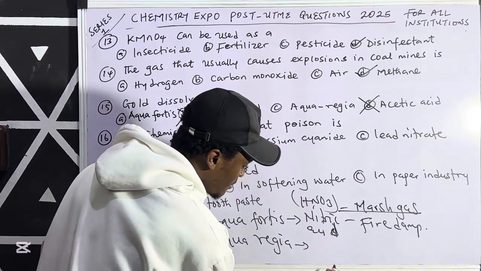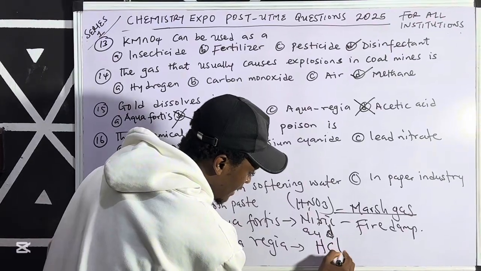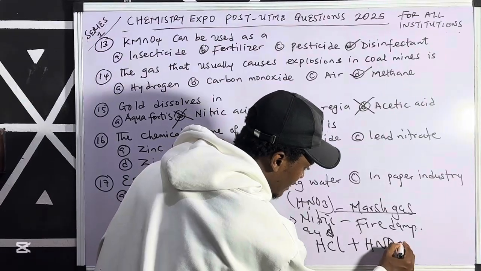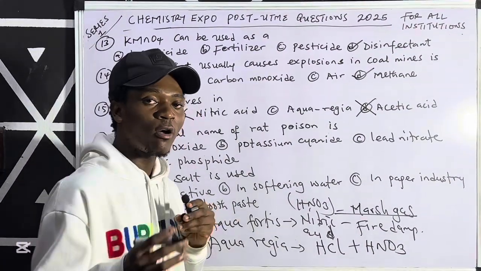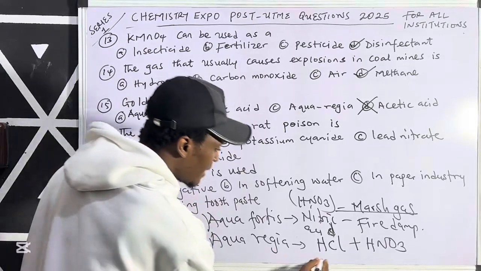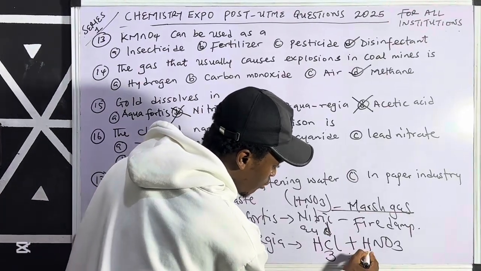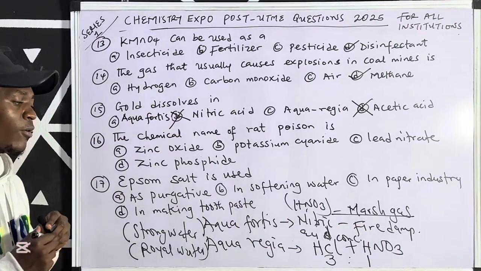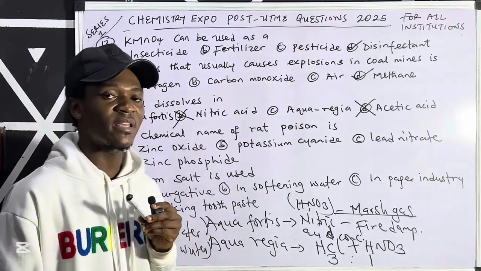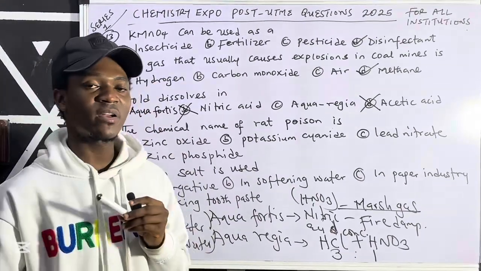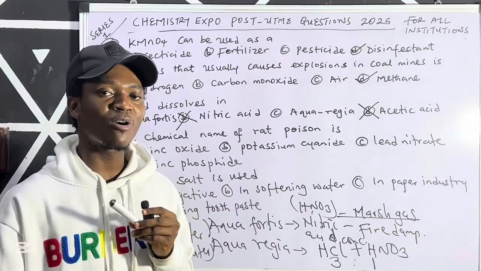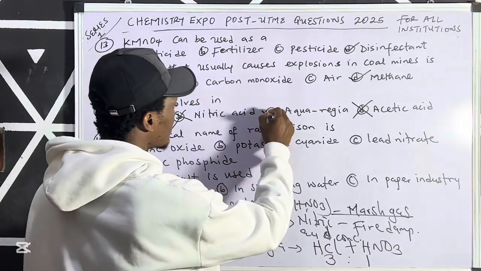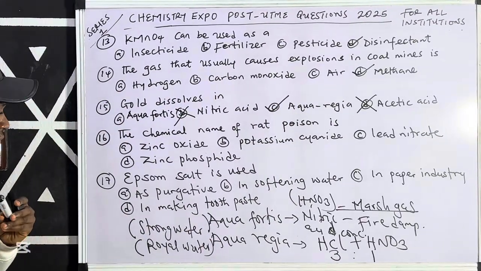Their volumes in terms of ratio is 3:1. Alright, both are concentrated. Now, one very important thing about this aqua regia, or what is so unique about it, is that it can dissolve gold. Alright, so the correct option to this question is option C, which is aqua regia.